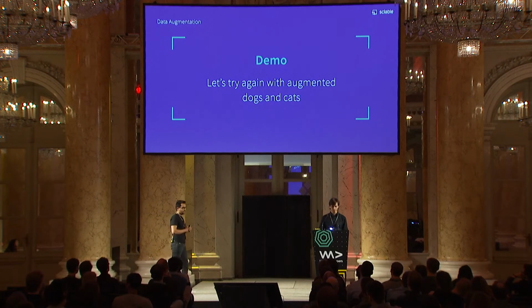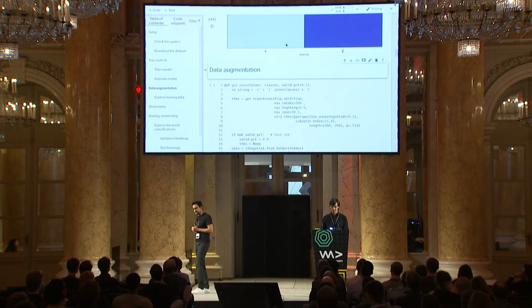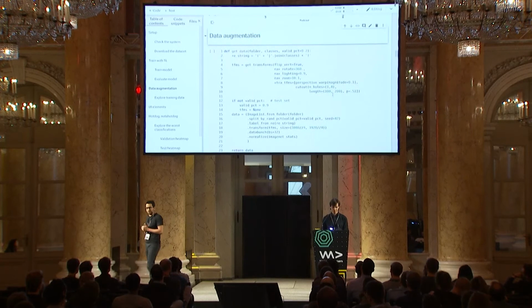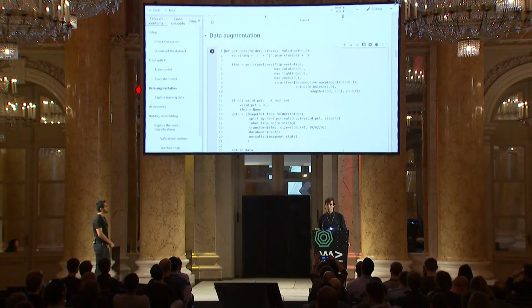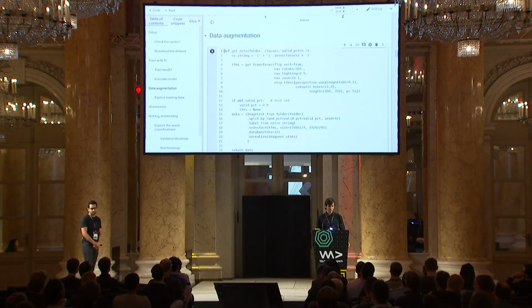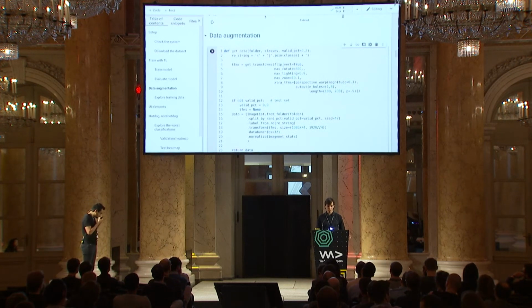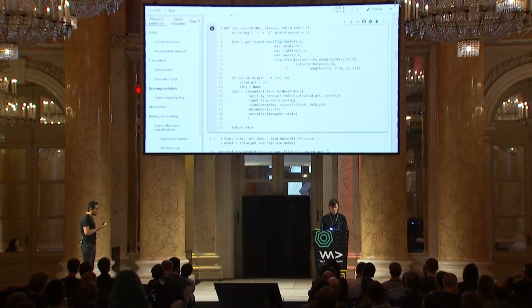OK, so now let's apply data augmentation to our current problem, and let's see if we improve the test accuracy. As you can see, I'm using the transformations that are directly in fast AI. That's why it's super easy and fast to prototype with fast AI. I just put in some flipping, rotation, lighting, zoom, warping, all the things that are there out of the box.